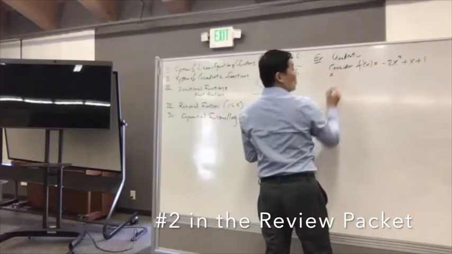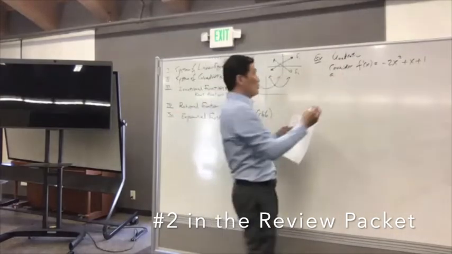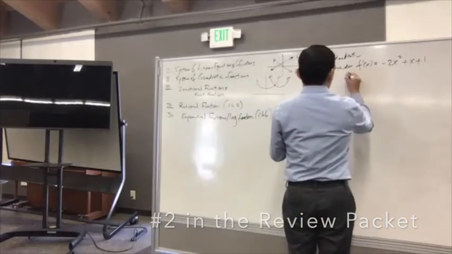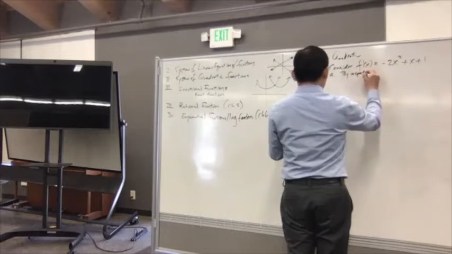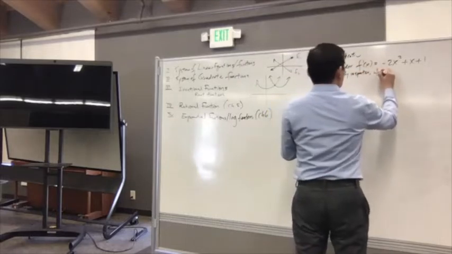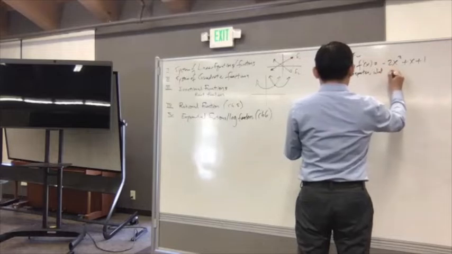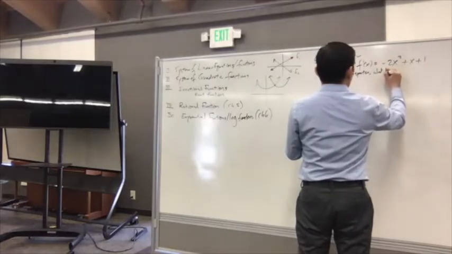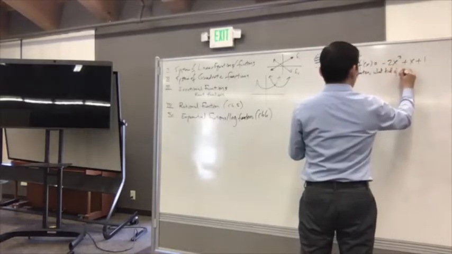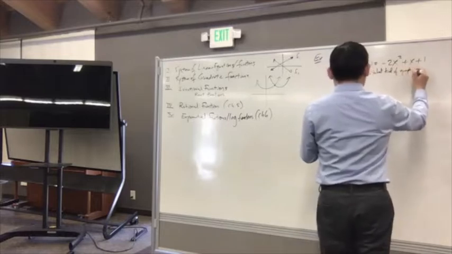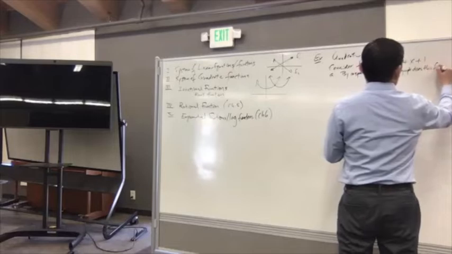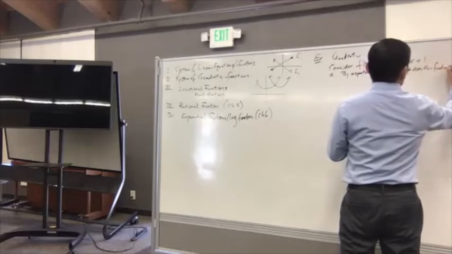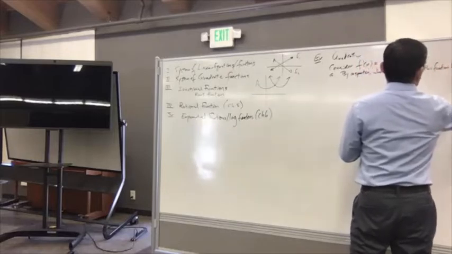Part A, by inspection, what kind of graph does this function have, and why?